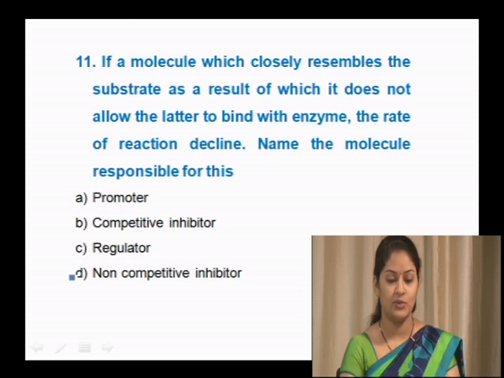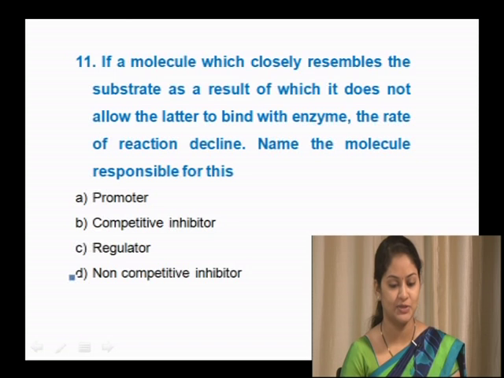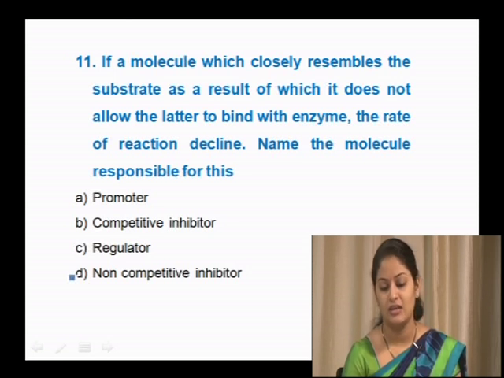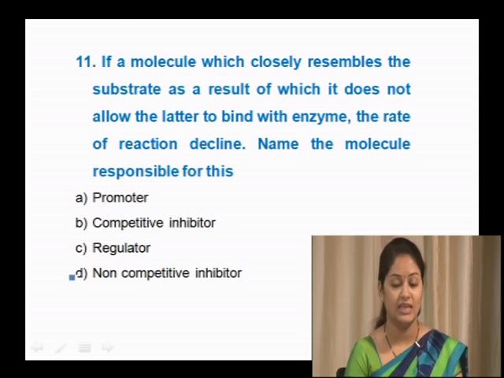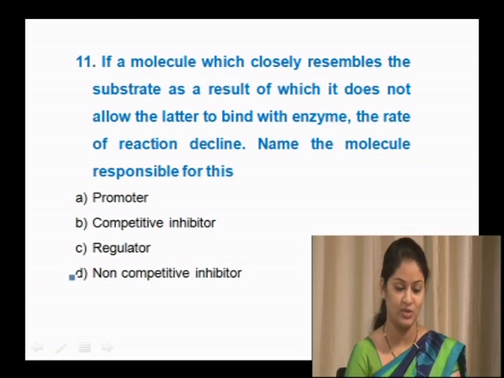Coming to the 11th question. If a molecule closely resembles the substrate, as a result of which it does not allow the latter to bind with the enzyme, the rate of reaction declines. Name the molecule responsible for this. Okay, in this question we are discussing one more factor which affects the rate of enzymatic reaction.